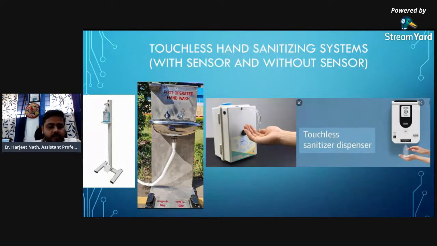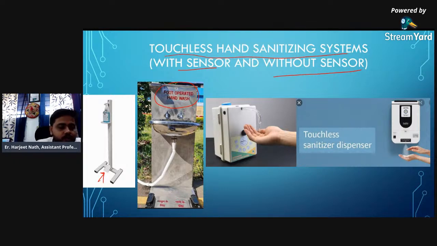I would like to start this particular session. As you can see in front of you, this touchless hand sanitization system could be either with sensor or without sensors also. For example, you would have seen in the market and in various places something called the foot operated hand wash, using a pedal based soap dispensing column.